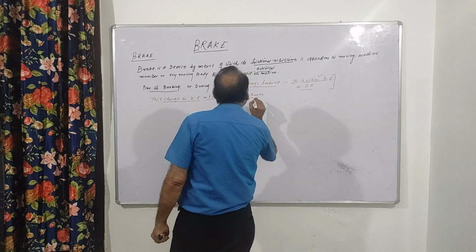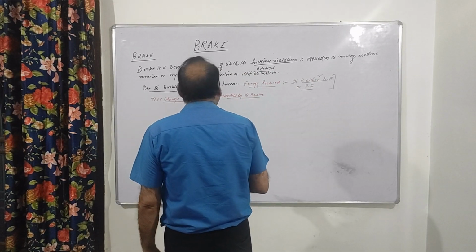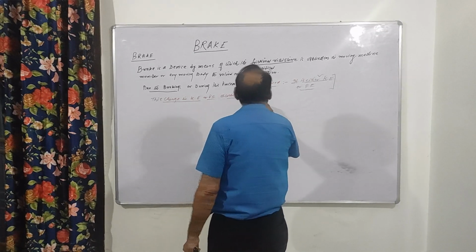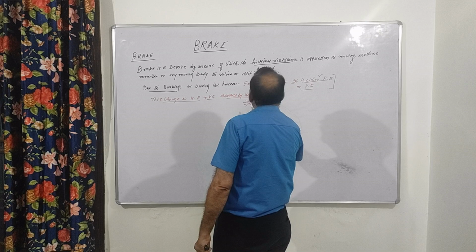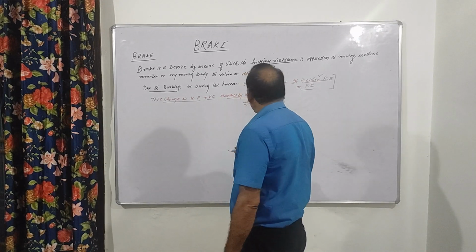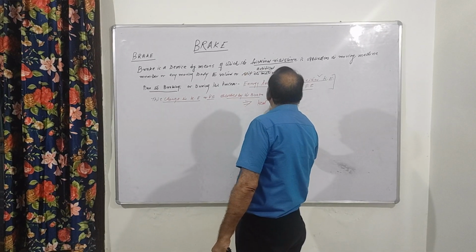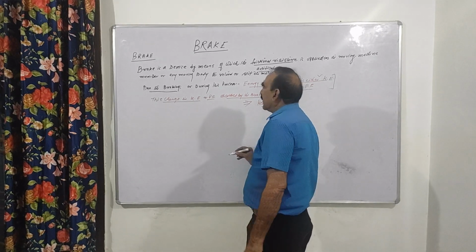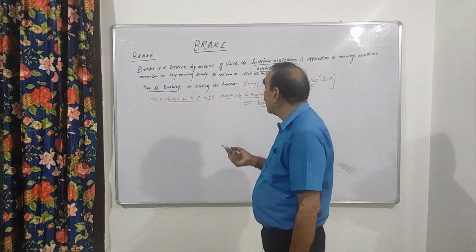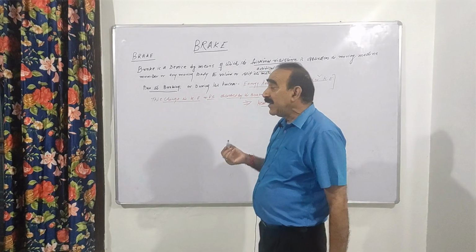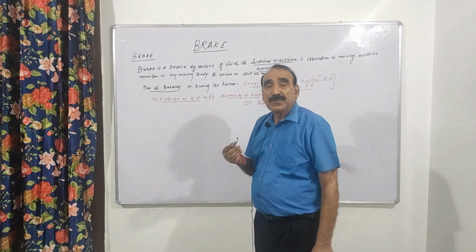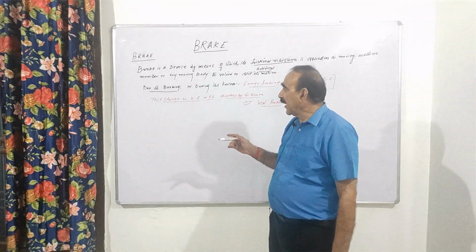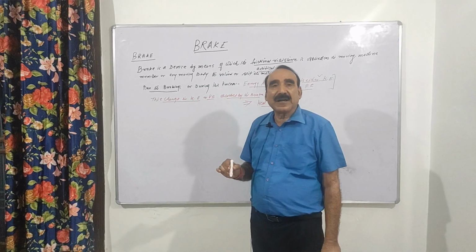So this energy is absorbed by the brake, and then there is a heat transmission. This energy is transformed to heat. There is heat produced, और ये जो heat है, that should be dissipated in the surrounding air or be absorbed by the cooling water which flows through the passage of the drum, right?